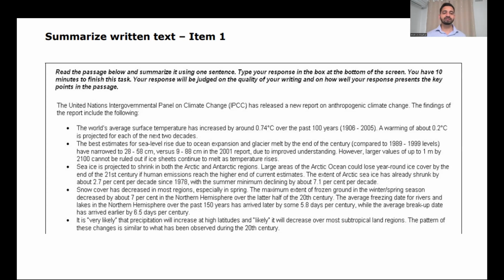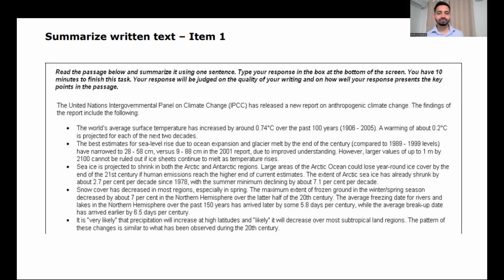Lastly, it talks about it is very likely that precipitation will increase at high altitudes and likely it will decrease over most subtropical land regions. The patterns of these changes is similar to what has been observed during the 20th century.